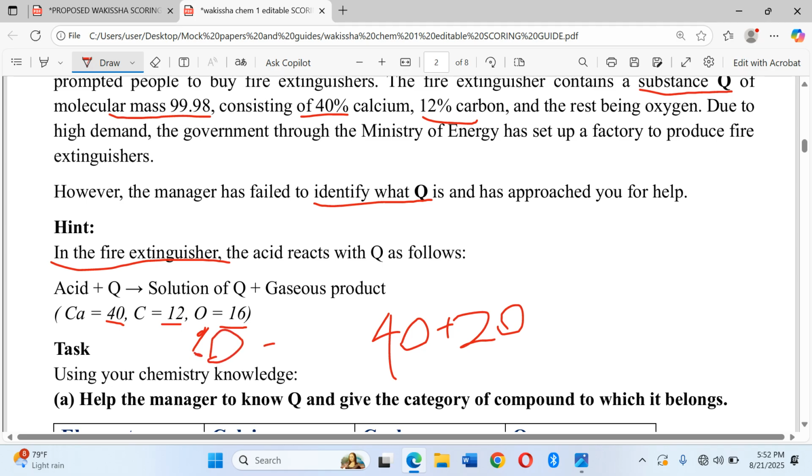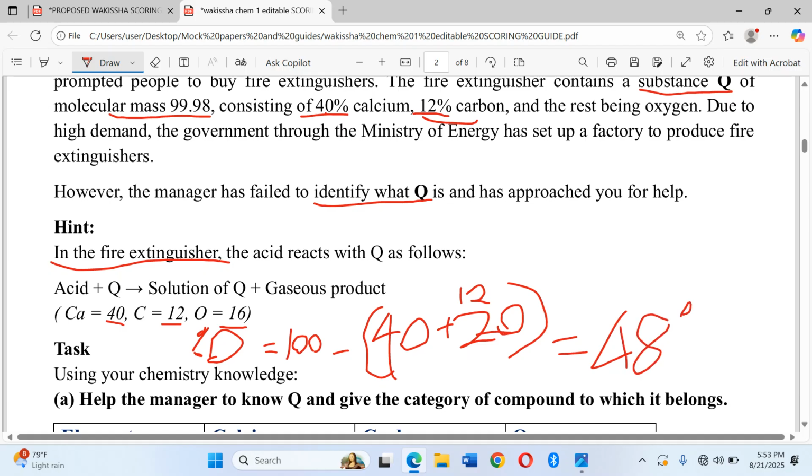Percentage composition of oxygen, we can get it by saying 100 minus 40 plus 12. This is supposed to be 12. Are you seeing it here? This is 12 and this is 40. What is 40 plus 12? You get 52. 100 minus 52, that is 48 percent.